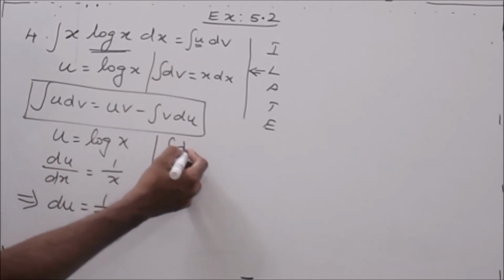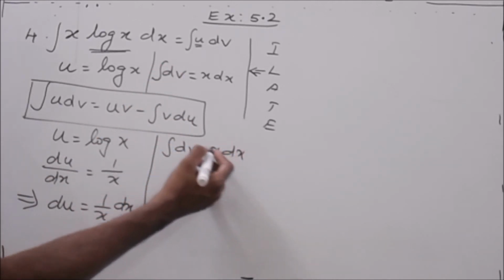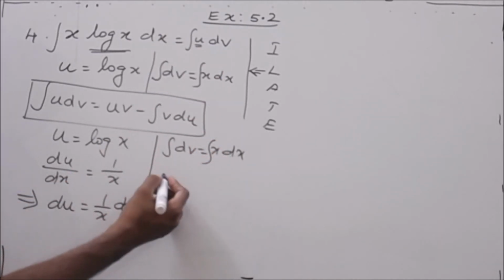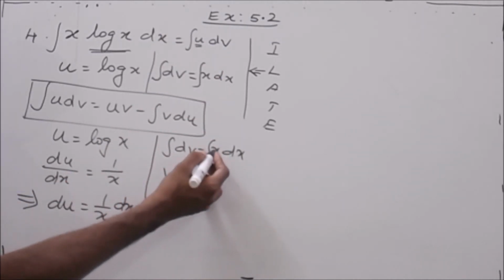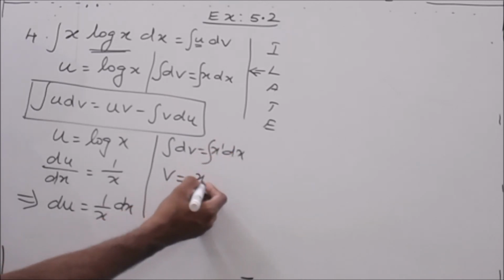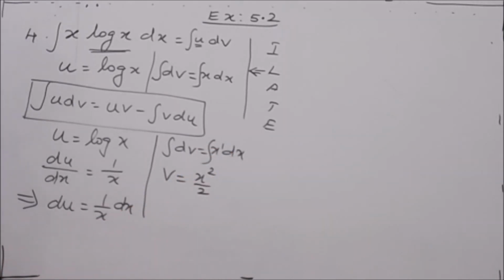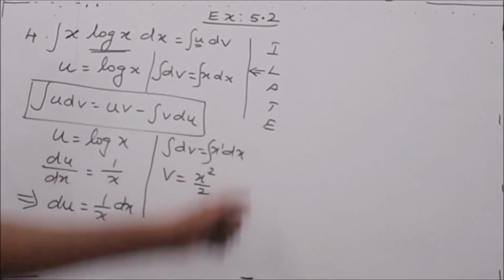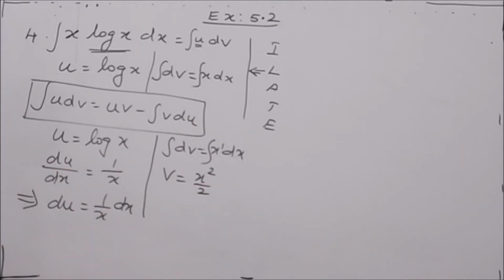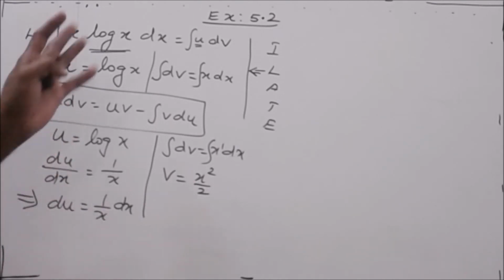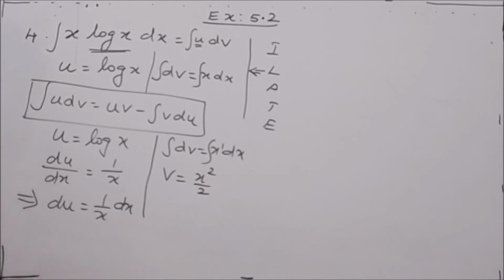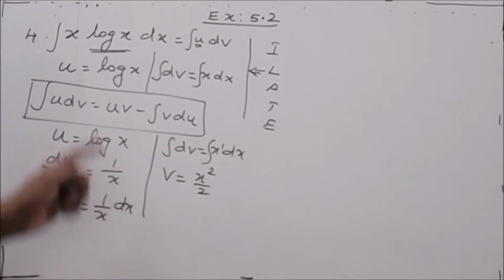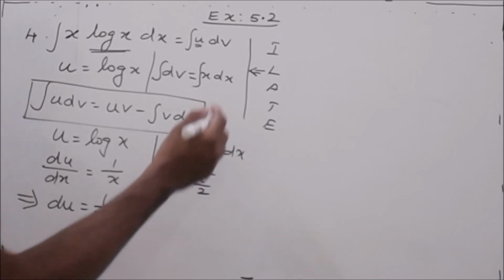And we have integral dv equals integral x dx, which implies v equals x power 1 plus 1, that is x square by 2. Here differentiation takes place, there integration takes place. Don't confuse the formulas. Be strong with the formulas of differentiation and integration while doing these types of problems. From u we find du, and from integral dv we find v. Now we can go to the formula and apply it.